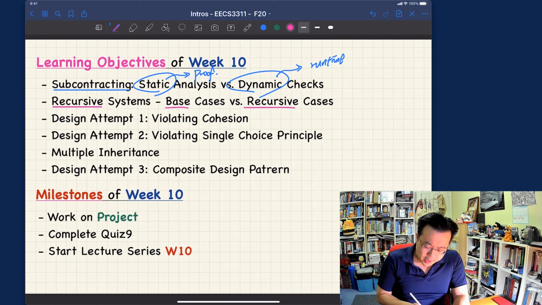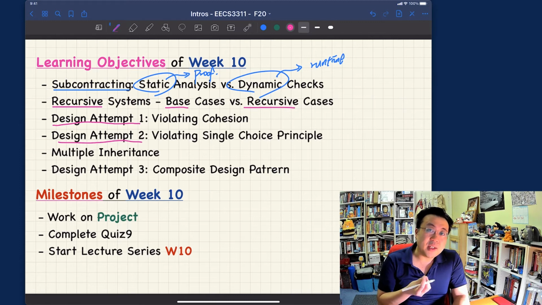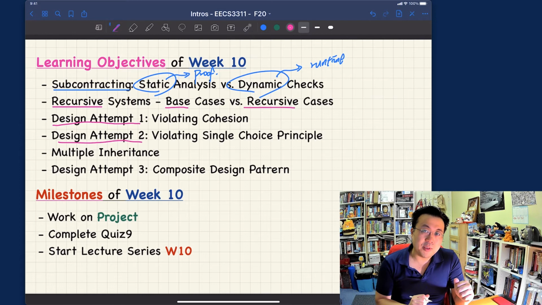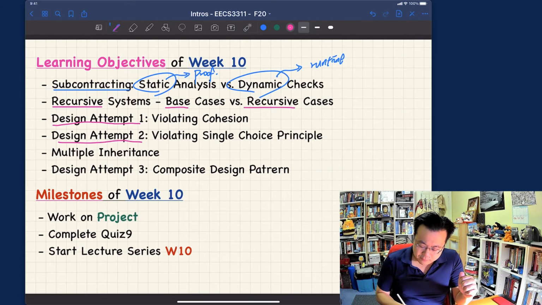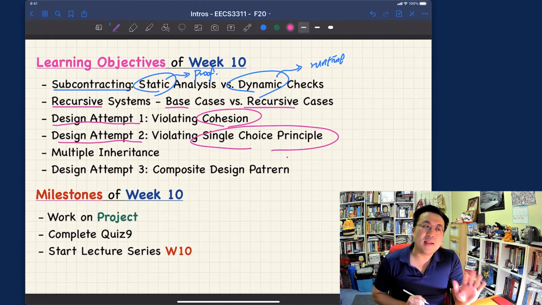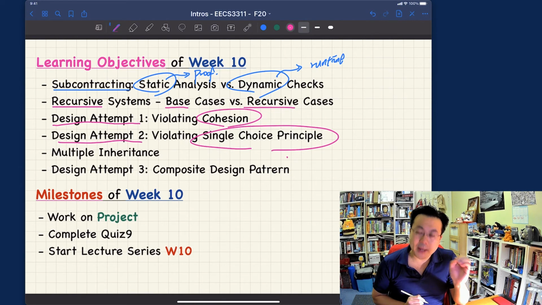We'll talk about two possible design attempts. You should really study these two carefully before you can appreciate the final ultimate solution, the composite design pattern. The first one violates cohesion, and the second one violates the single choice principle. They are nice case studies for you to practice judging any given design by well-proven design principles.